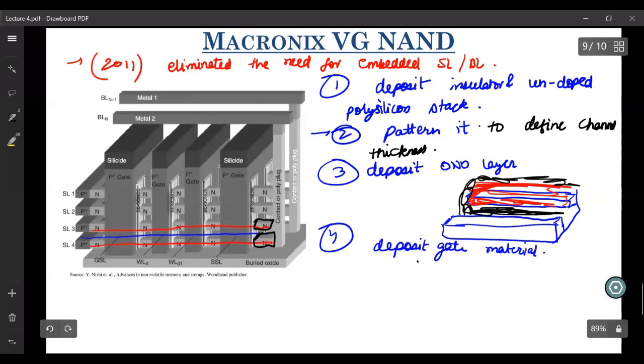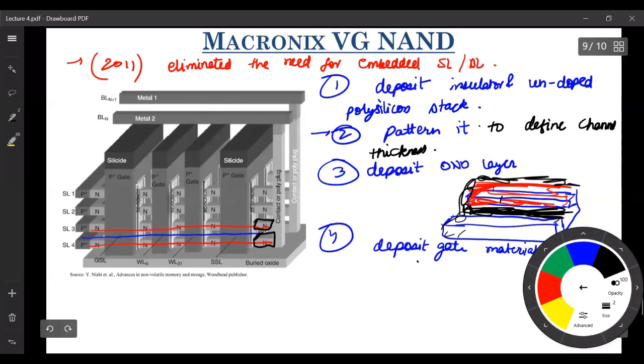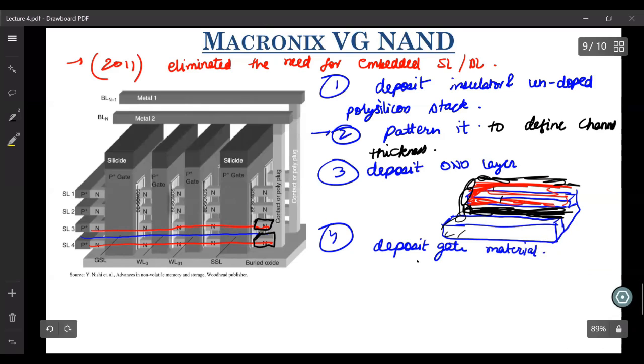So the gate fills this space, it is on top of this, and on top of this as well. Once the gate fills all this space, they perform the gate patterning, right? So they pattern the gate. This is how they arrive at this structure.